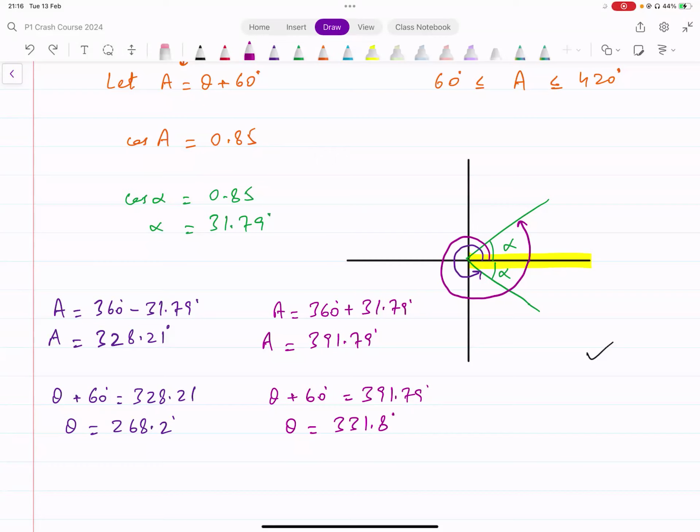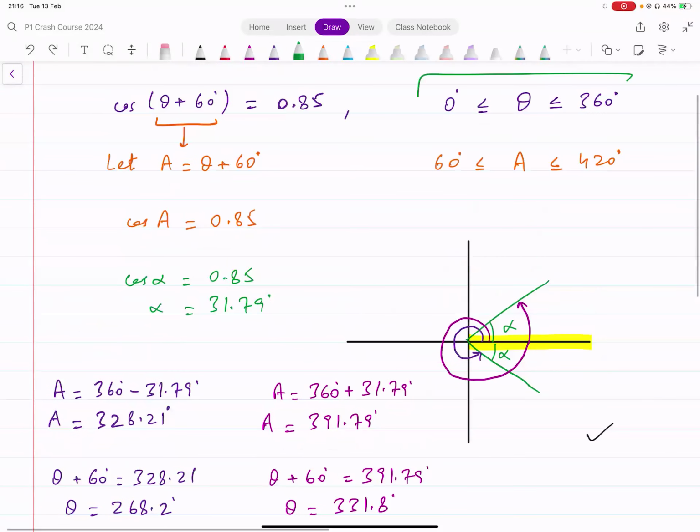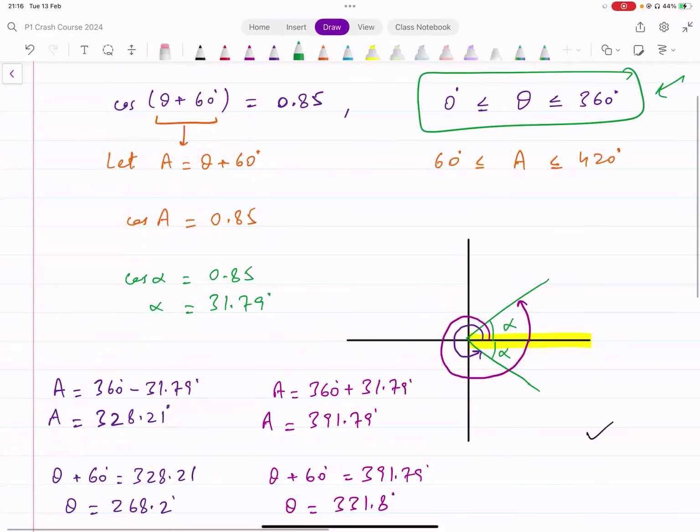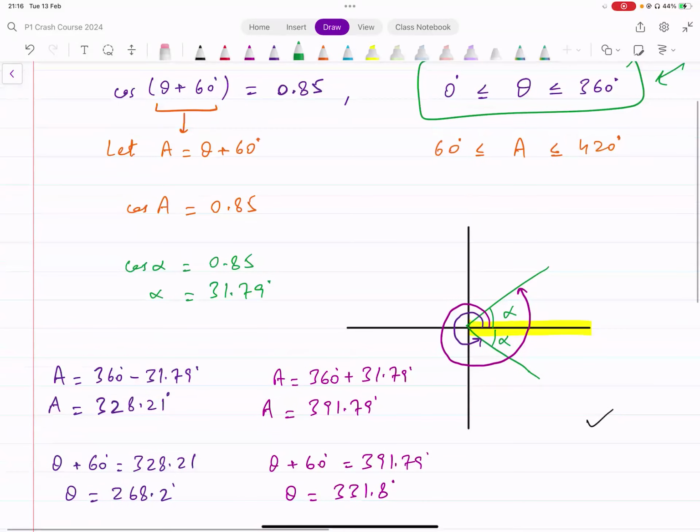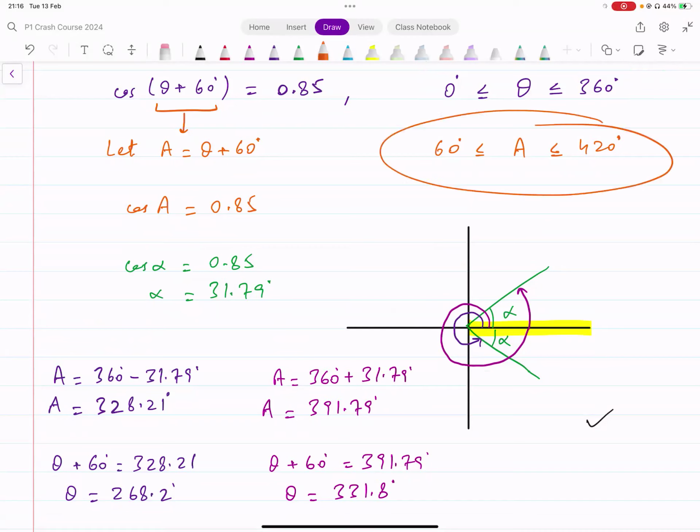And you would see, once you follow this process exactly like this, the values of theta are automatically going to be in the correct interval. The interval was 0 to 360. So theta is turning out to be within that interval from 0 to 360. But adjusting this interval is important. If you did not adjust this interval, number one, you would miss out on this solution.